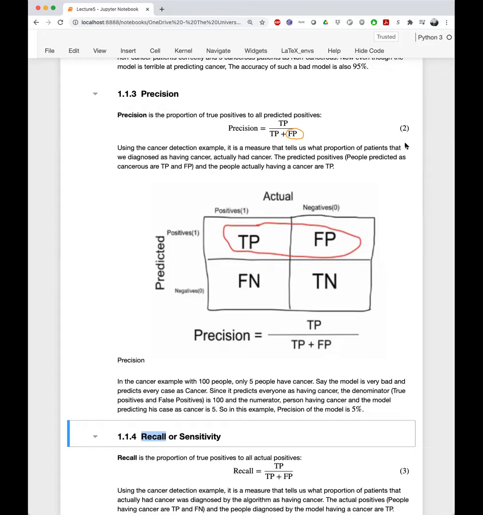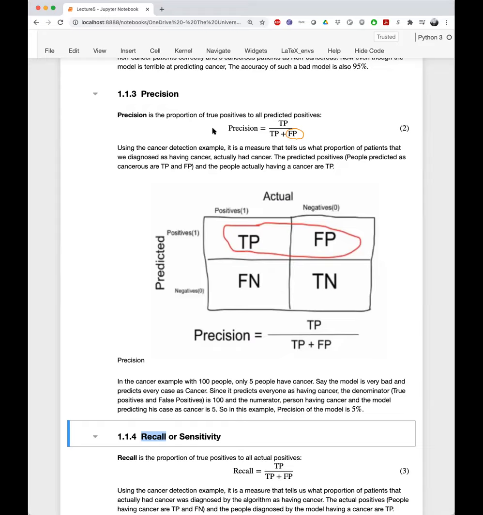Look at this example again. 100 people, 5 people have cancer, and we use the bad model again, predicting every case as cancer. So let's see what the precision is here. The true positive is 5. This model is different from the previous one.